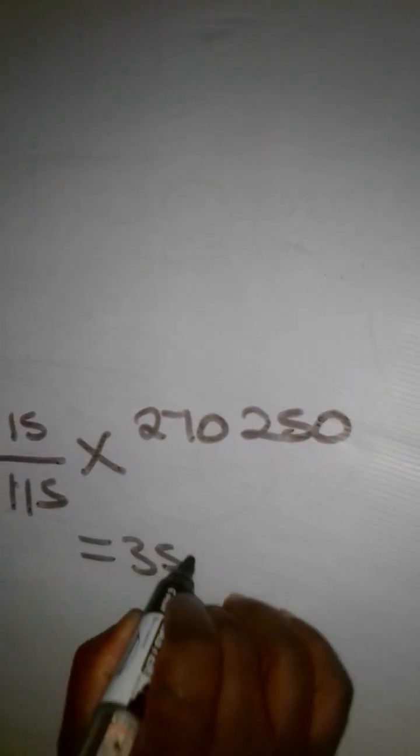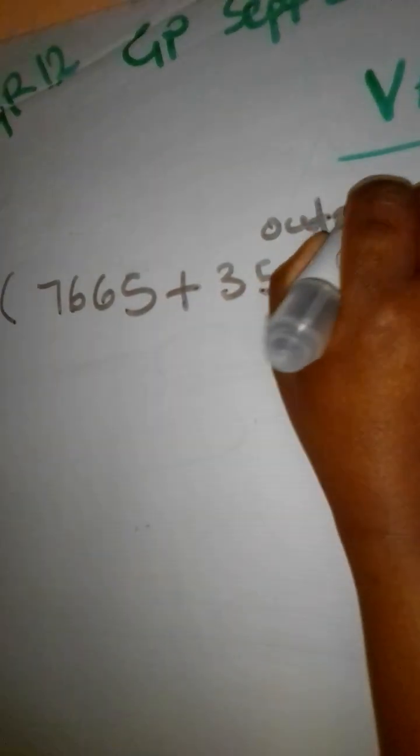Let's go to our calculators. I'm sure it will give us something like 35,250. Okay, this is the correct amount. So we are going to say 35,250. Remember, this is VAT output. I'll even indicate here output.